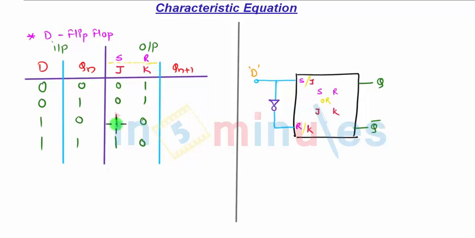Now Qn plus 1, the next state logic, we will work out on the basis of this. For the first two cases, the JK or SR input is 0 1, which is perfectly the reset position irrespective of the present or previous state. So the output will be reset, that is 0. And for the next two cases, the SR or JK input is 1 0, perfectly the set position irrespective of the present state. So the output will be set, giving us the value 1 1.